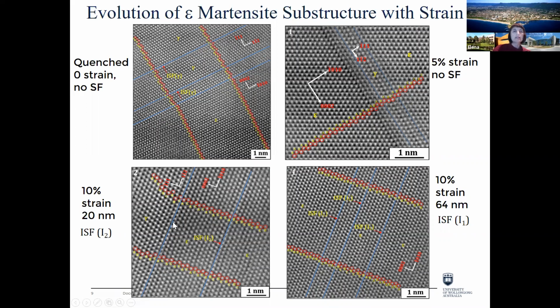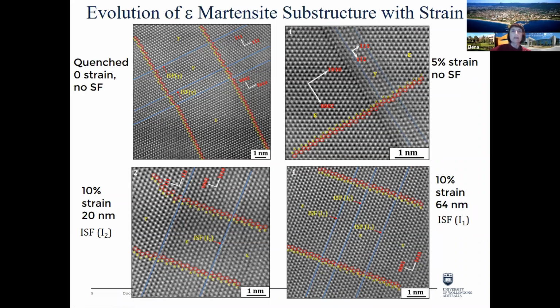And this is typically observed when the thickness of epsilon martensite is below 20 nanometers approximately, which is the boundary. But when it's thickened, for example, to 64 nanometers, here's an example of thickness, we have a change from intrinsic stacking fault I2 type to intrinsic stacking fault I1.